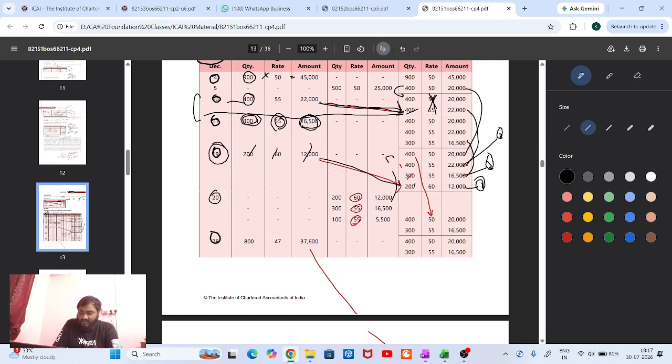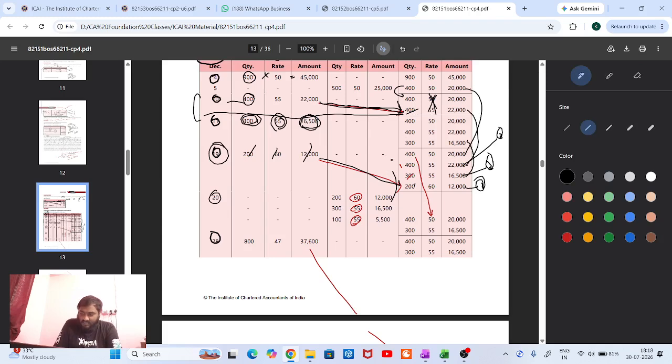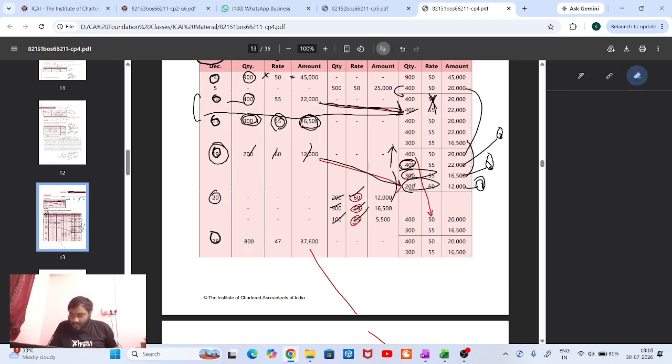Since it is LIFO, we go like this. Okay, 200 into 60 first priority, 300 into 55, 100 into 55 out of 400.